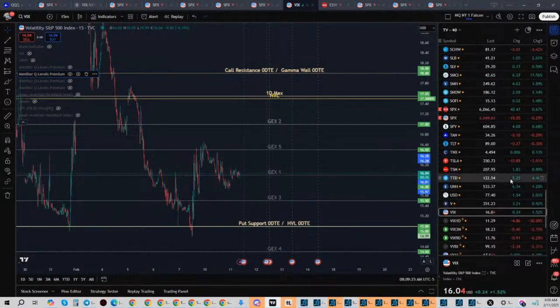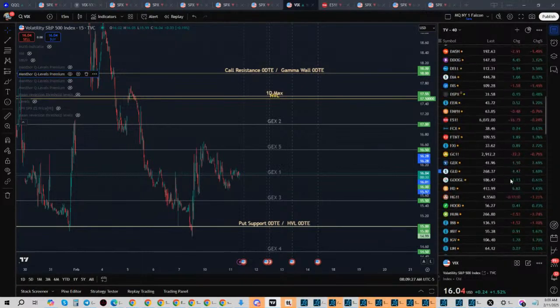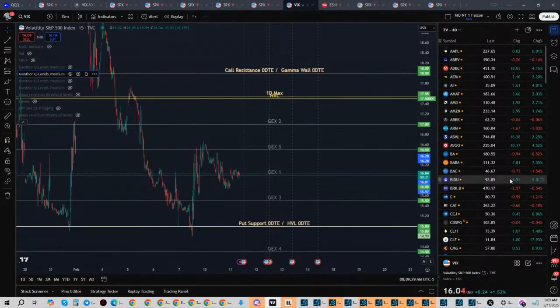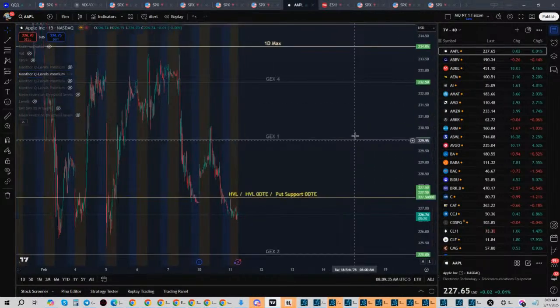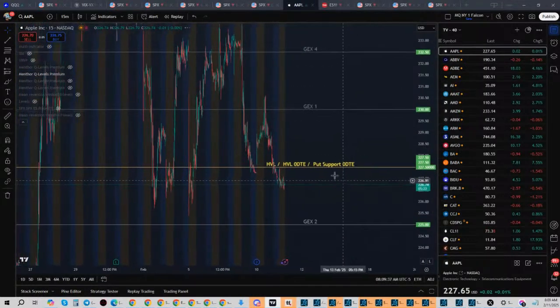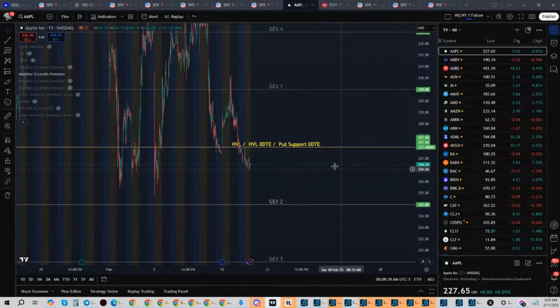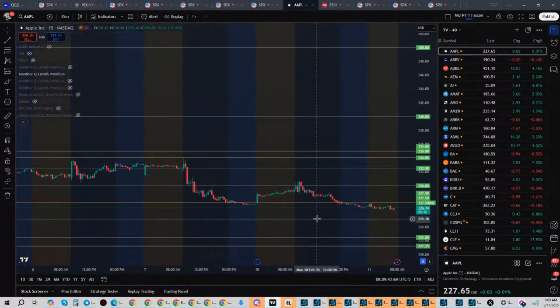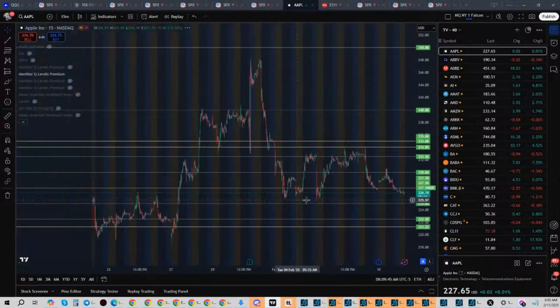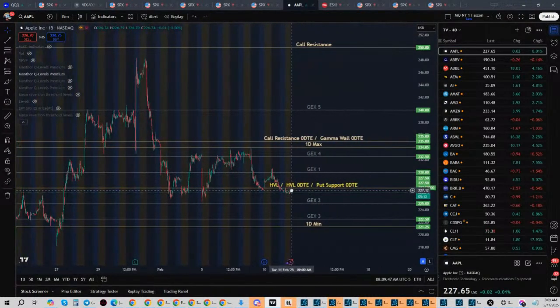Going to switch gears here now and look at some of the Mag 7 kind of names and see what they're looking like. Apple is kind of at a low where we would expect it to possibly bounce.